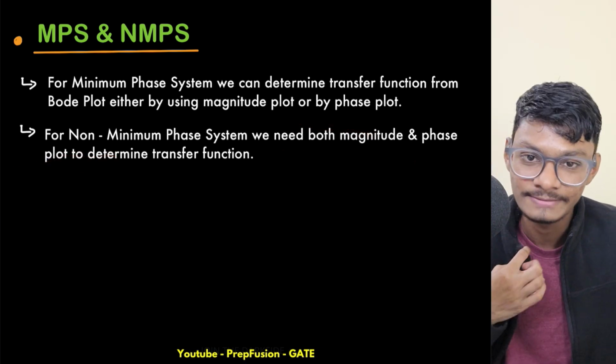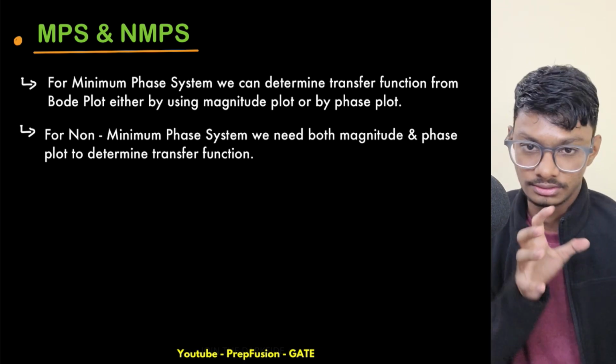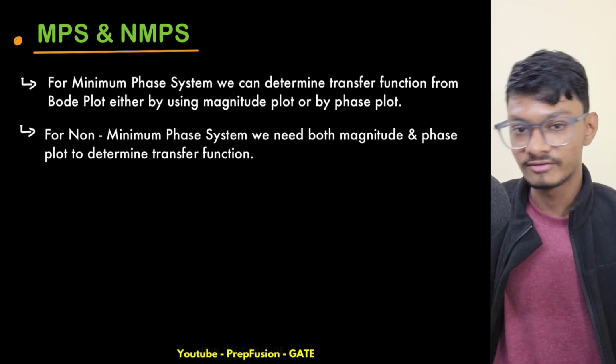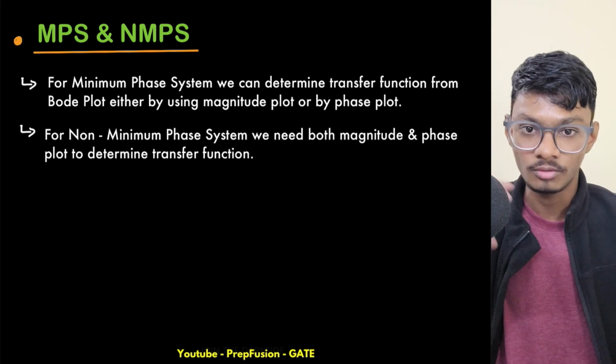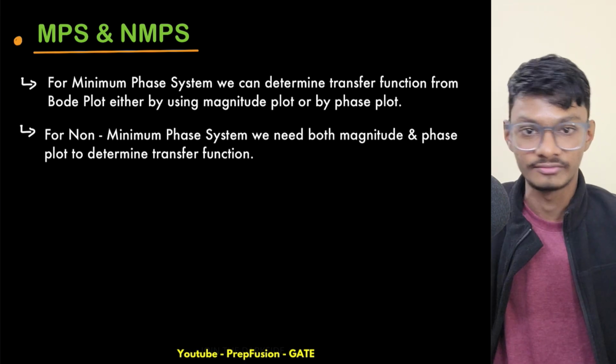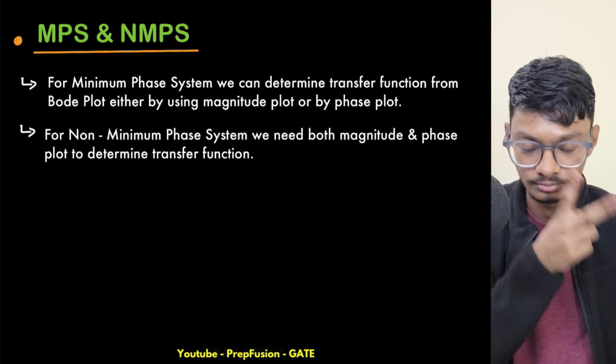Now engineers are very lazy, so they want as little information as possible. Engineers want to give out as much information as possible from as little information as possible. Just from the magnitude plot they want to say everything, to find the transfer function. They don't want both the magnitude and phase plot.